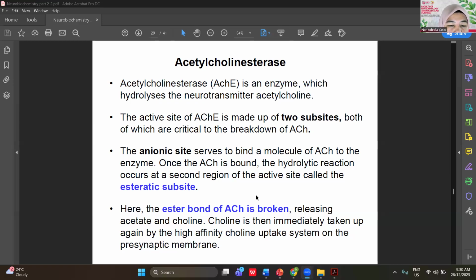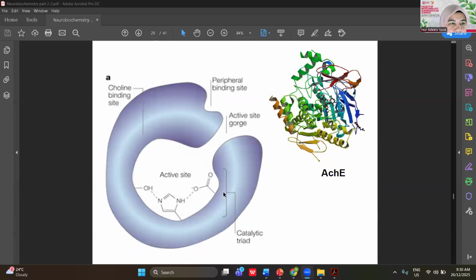This reaction produces acetate and choline, and the choline is taken up by the presynaptic neurons via a high-affinity cholinergic system. This is a diagram of acetylcholine hydrolysis by acetylcholinesterase.